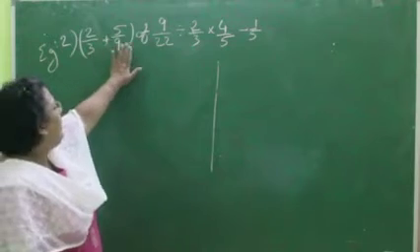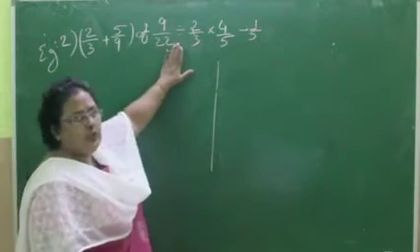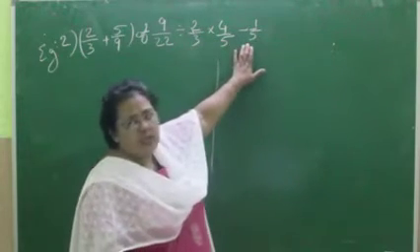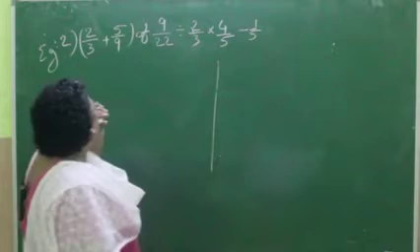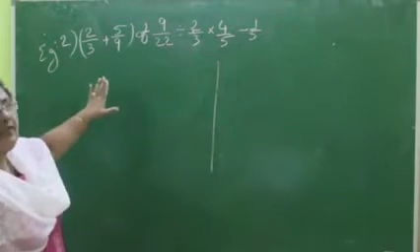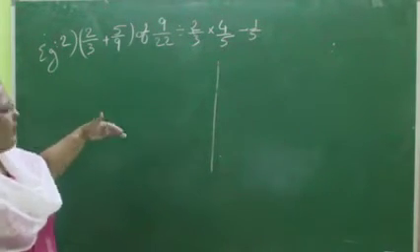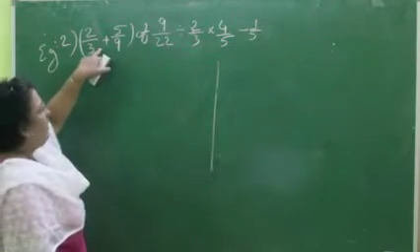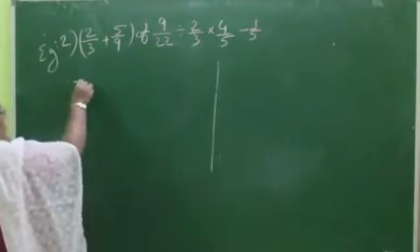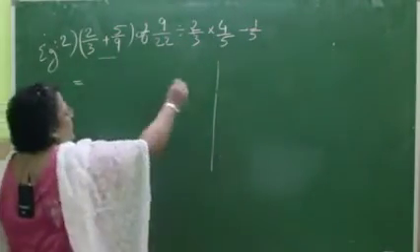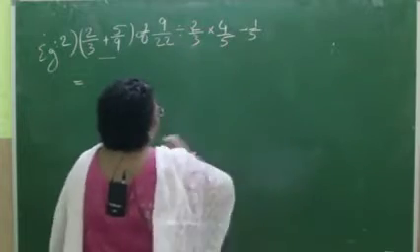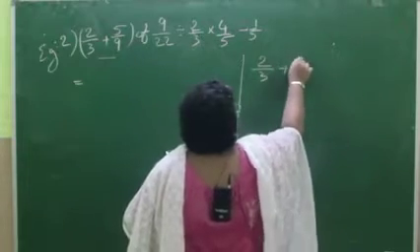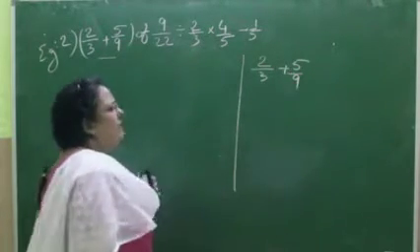2 by 3 plus 5 by 9 of 9 by 22 minus 2 by 3 multiplied by 4 by 5 minus 1 by 5. Here we don't have any mixed fractions, so straight away we can start doing this. So first, what you have to do, we have to do the operation inside the bracket. So this is equal to, we will do straight away here itself, 2 by 3 plus 5 by 9.